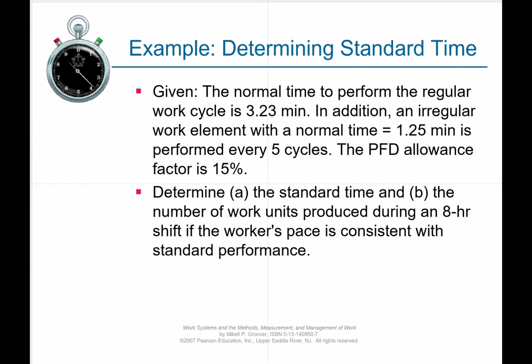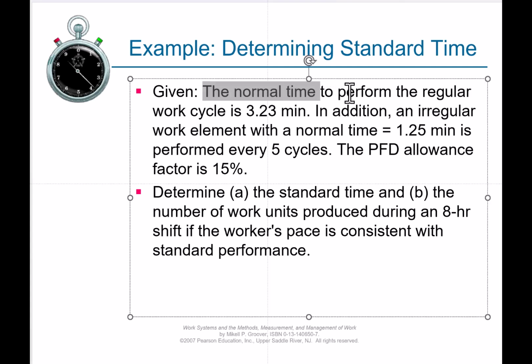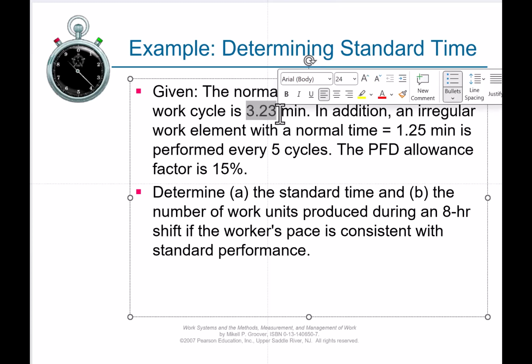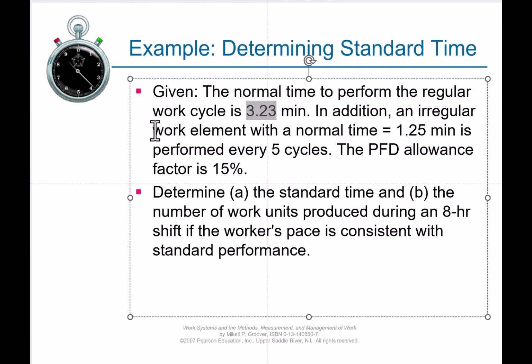Okay, so now in this case we have an example dealing with standard time. The normal time to perform the regular cycle is 3.23 minutes. Then we have an irregular work element that takes 1.25 and is performed every 5 cycles, which means 1/5 of 1.25 for each cycle.